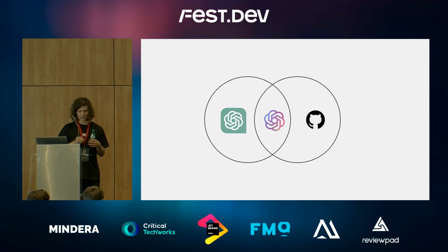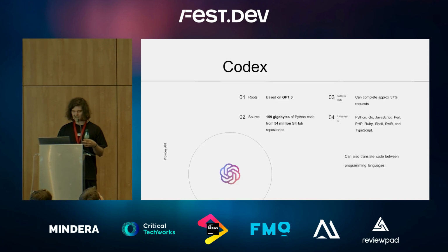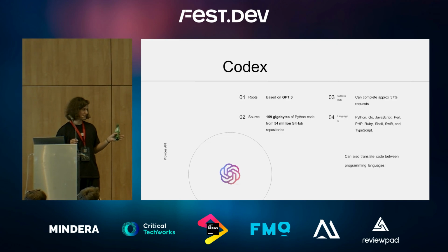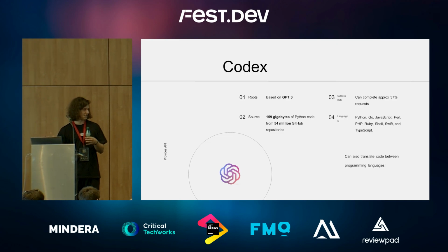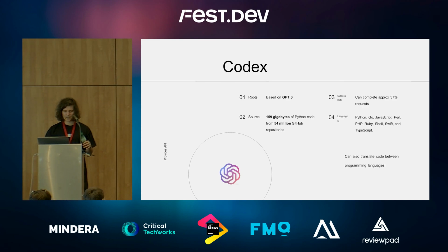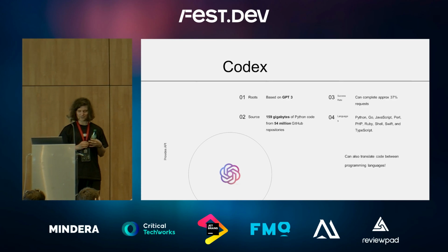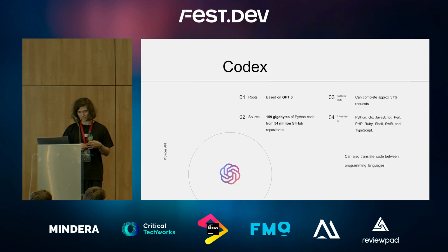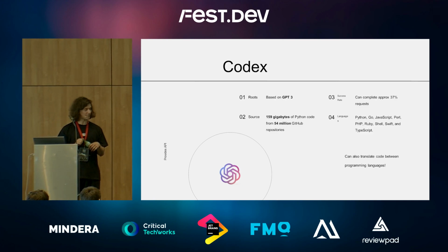It's basically how ChatGPT works with code. They took GPT-3 and a lot of publicly available code from GitHub. Actually, it's 159 gigabytes of Python code, I think now it's more, from 54 million GitHub repositories.